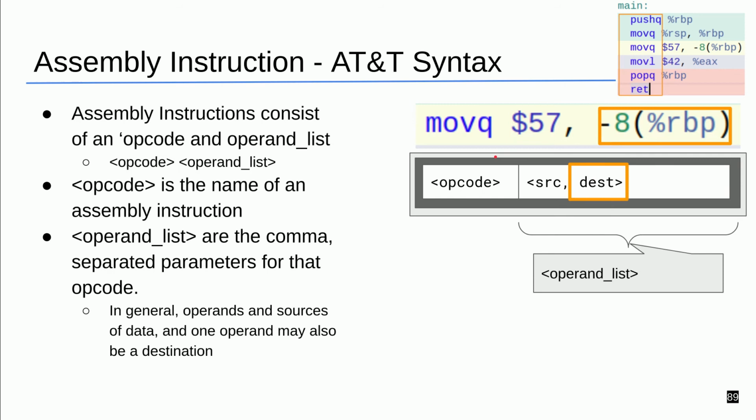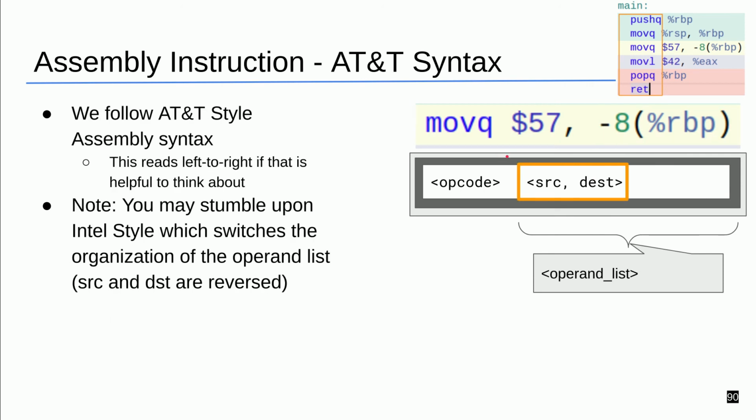And the code that I'm going to be showing you is what's known as AT&T style. Yes, that is the phone company. A long time ago, they did a lot of cool research in programming. Now they just send me bills, but AT&T a long time ago worked on some of this programming language stuff. So this is AT&T style assembly language, which means you have a source for your operand list and a destination.